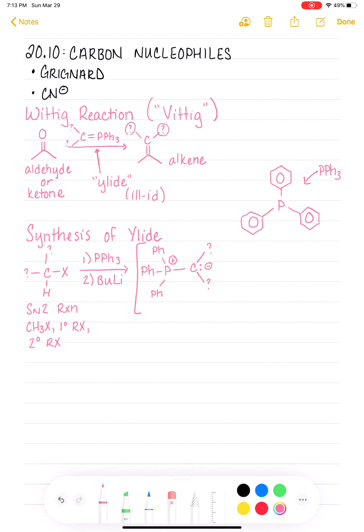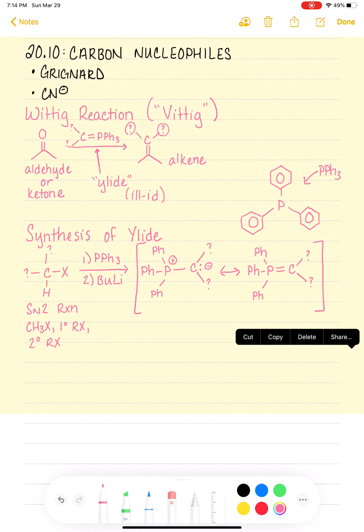There is a resonance structure that we can draw for the ylide that helps us understand the stability of the ylide. This is where we have a phosphorus-carbon double bond, and that's the form of the ylide that I drew when I drew the first generic reaction.